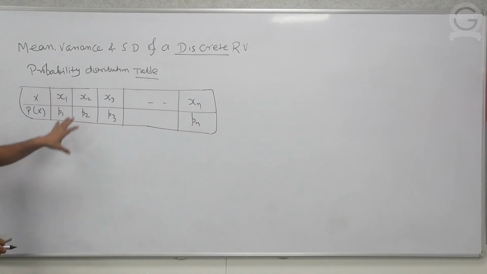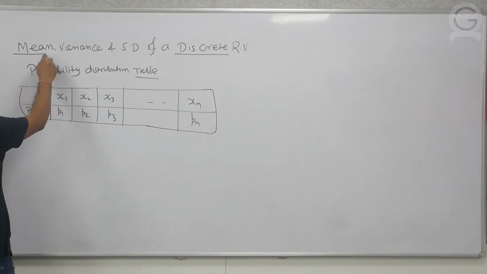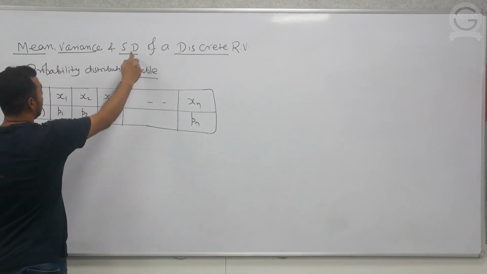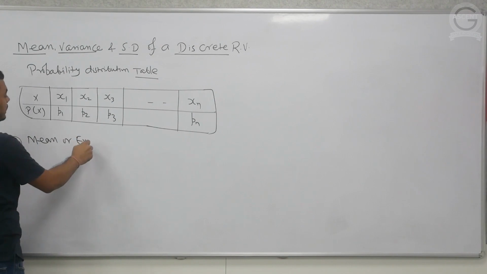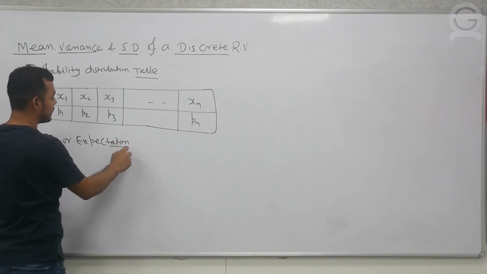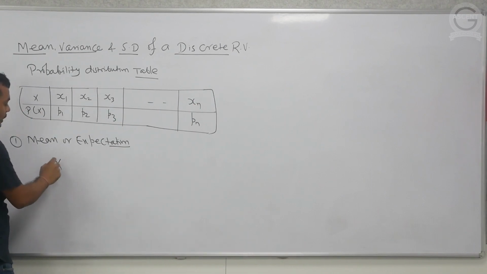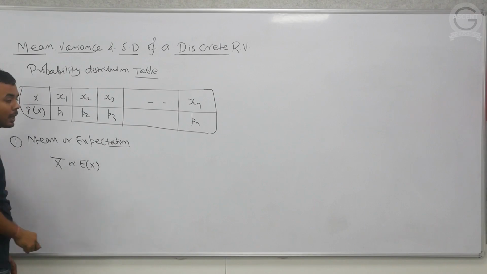So first step, you have to make this table, and now we are going to see how to calculate these quantities: mean, variance and standard deviation. The first one is mean. Now this mean is also called expectation or expected value. It is represented by either x bar or expectation of x.